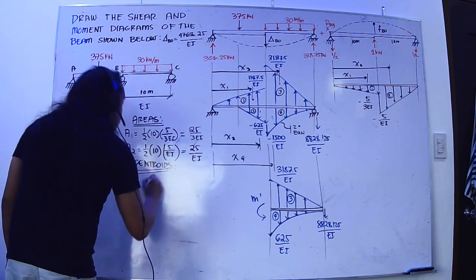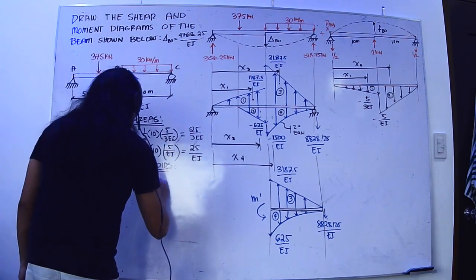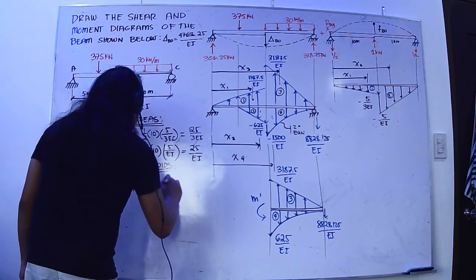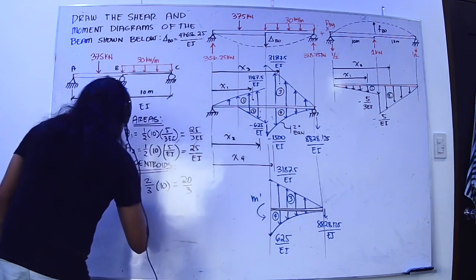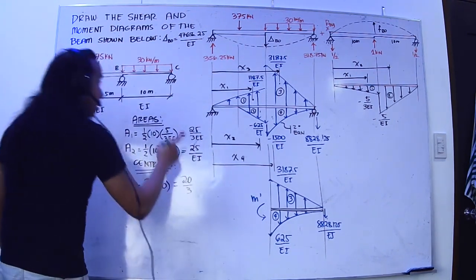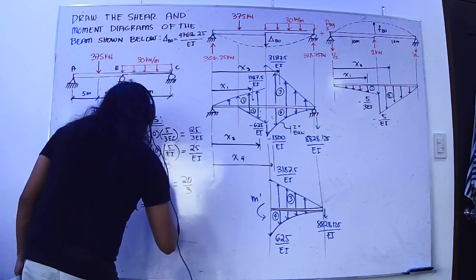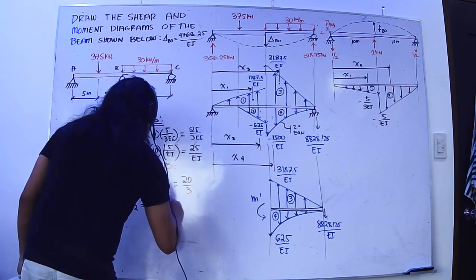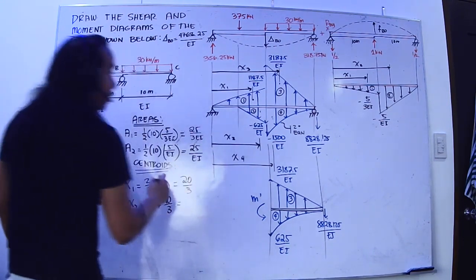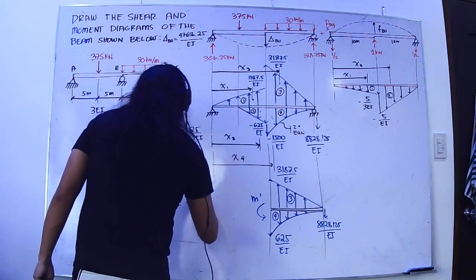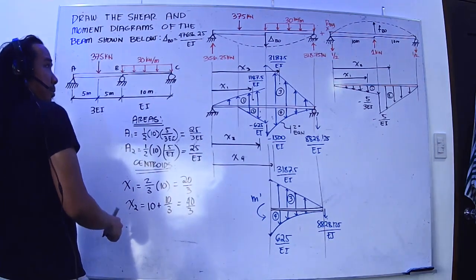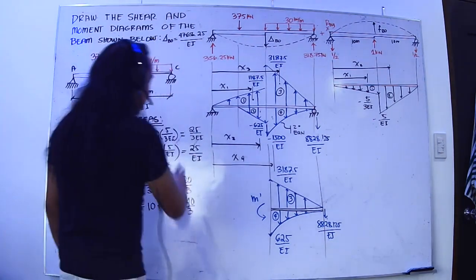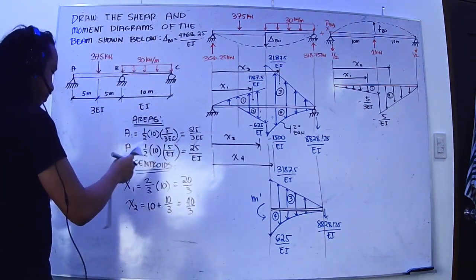So, x1 is just 2/3 of 10. Okay, so 20 over 3. x2 is 10 plus 10 over 3, that is 40 over 3. 30 over 3 plus, right. Okay, so these are our centroids.